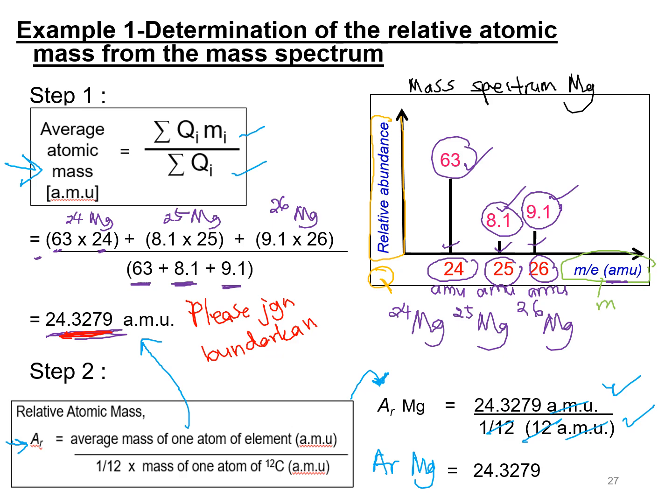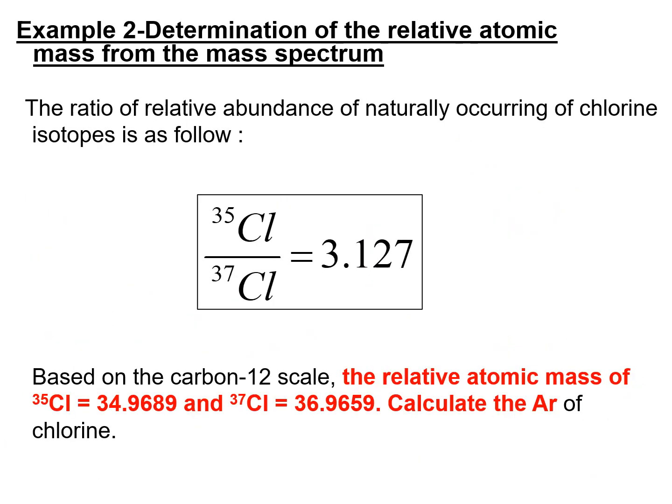Kat sini kalau you nak round off sekalipun, you can round off until 2 decimal places je. Yeah. Okay, you can see here there is no unit here, it is unitless, because relative atomic mass memang kena unitless.